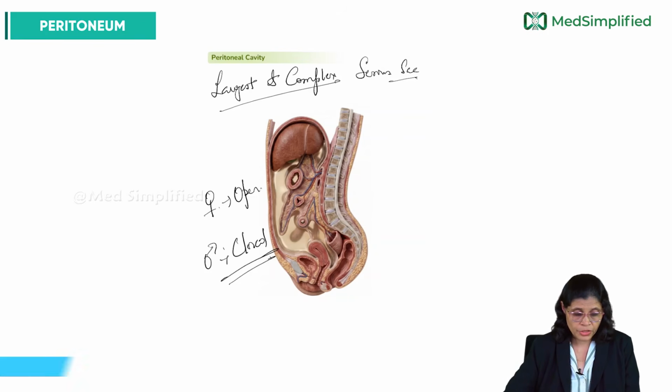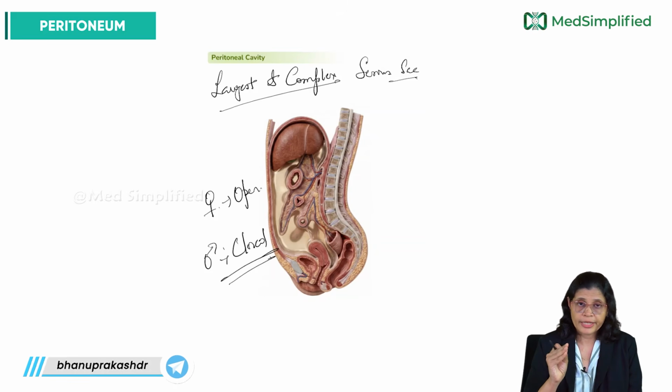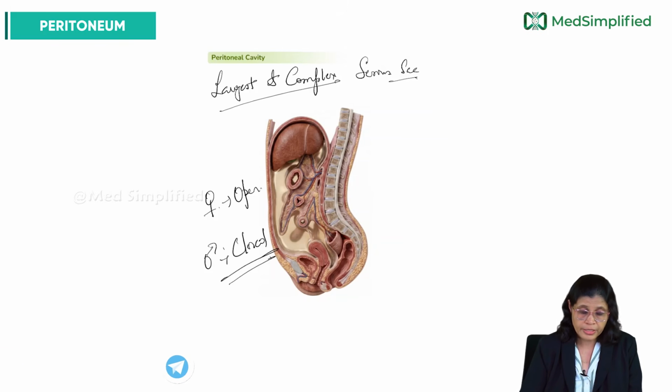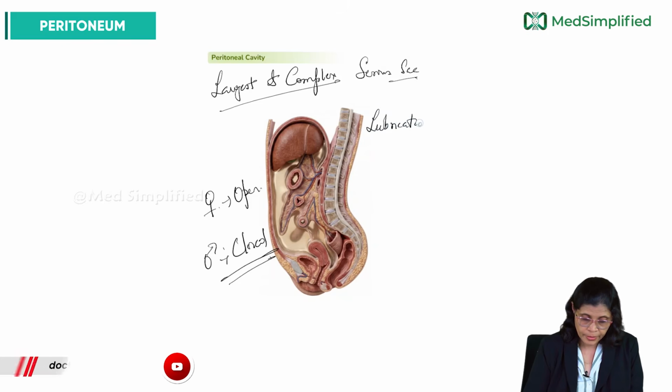So what is the function of this peritoneal cavity now? Between these two layers there is a thin amount of capillary fluid. So that helps in the lubrication. It provides a slippery surface for the free movements of the abdominal viscera. It prevents the friction between the two layers as they move. So mainly lubrication.